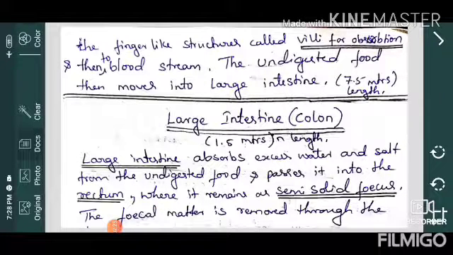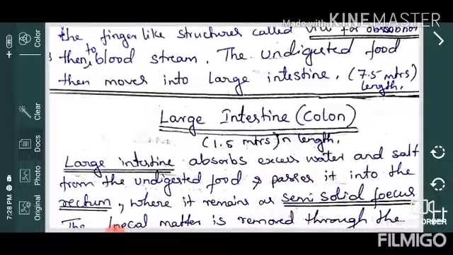The finger-like structures called villi absorb the food and let it into the bloodstream. The undigested food then moves into the large intestine. The small intestine is around 7.5 meters in length.